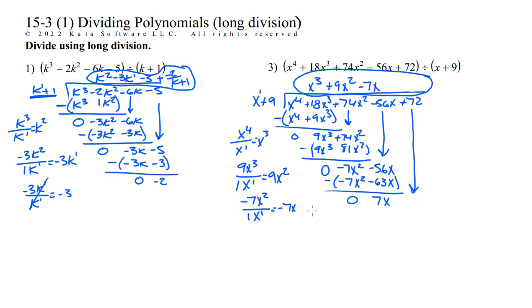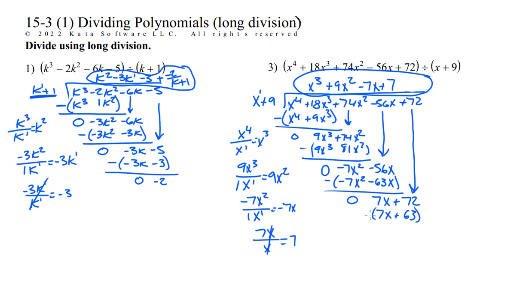Right? And then we bring our 72 down. So then we take our 7x and we divide that by 7x, and then here's plus 72. The 7x divided by this x here gives us just 7, so plus 7. So 7 times x is 7x. 7 times 9 is 63.